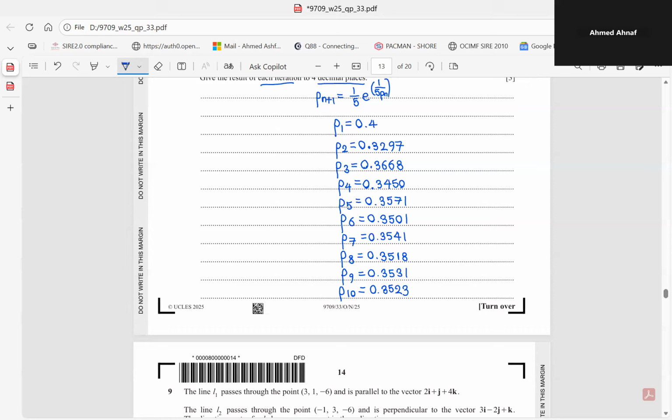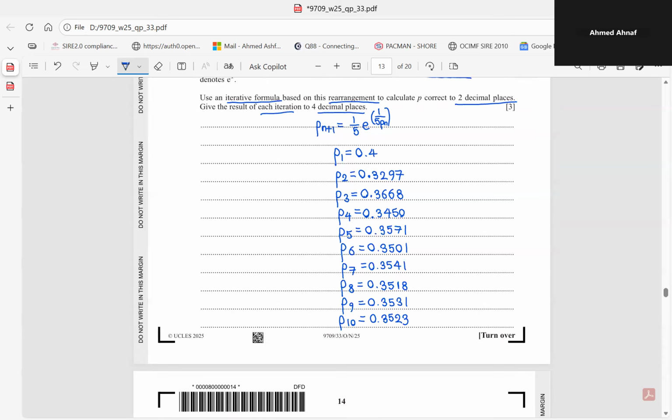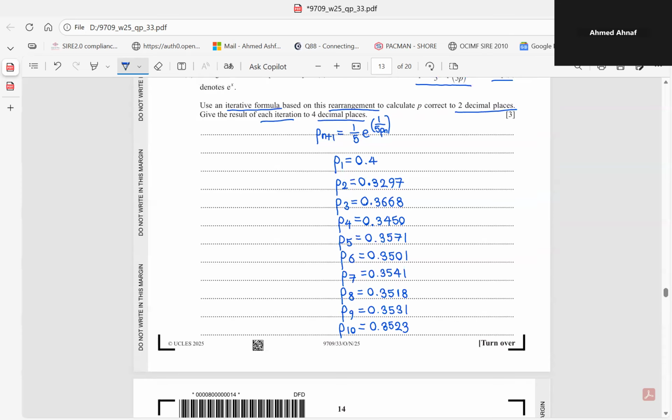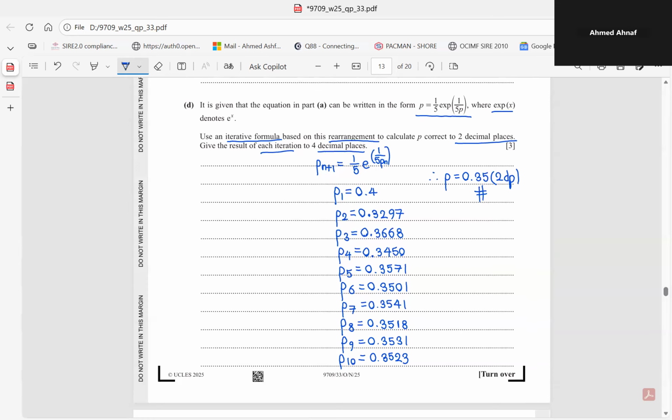As you can see, the last two iterations are very close, and when we round them off to two decimal places, we get 0.35 for both of them. So even though they're not exactly the same, they're still very close. Hence, we can say that P is equal to 0.35, correct to two decimal places. This would be our final answer for this part as well as the entire question.